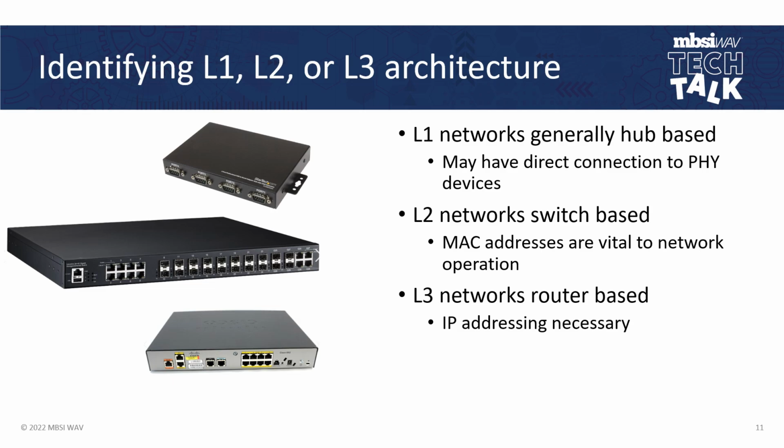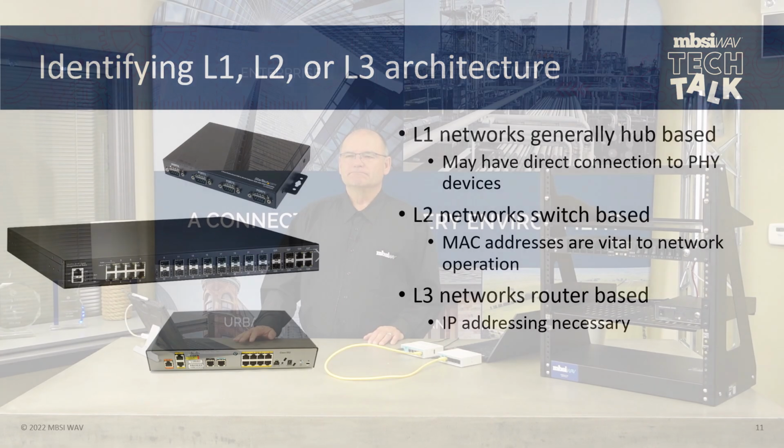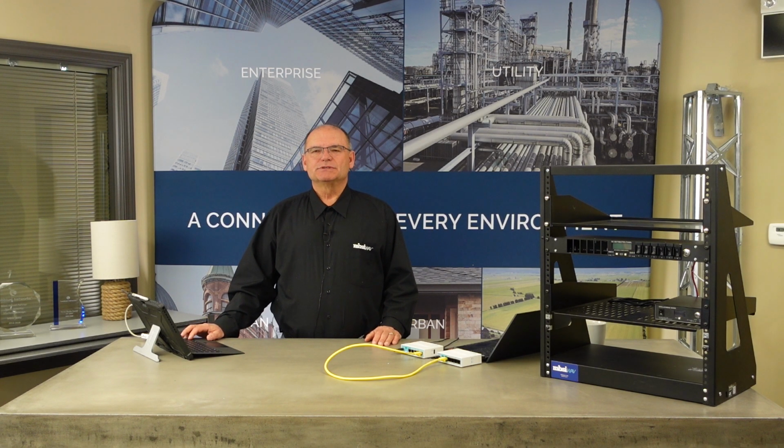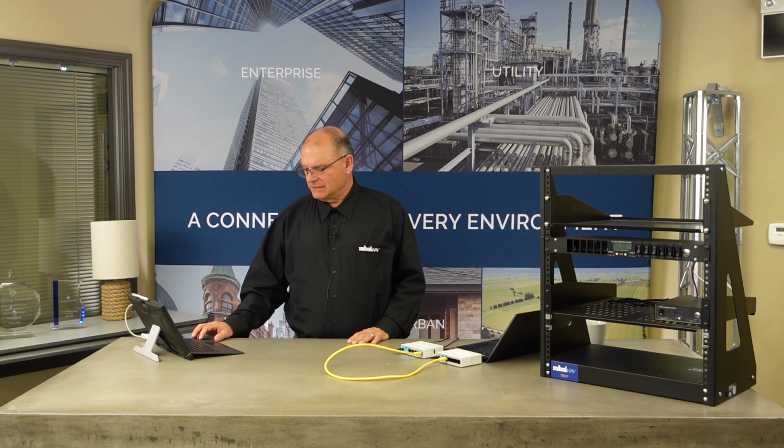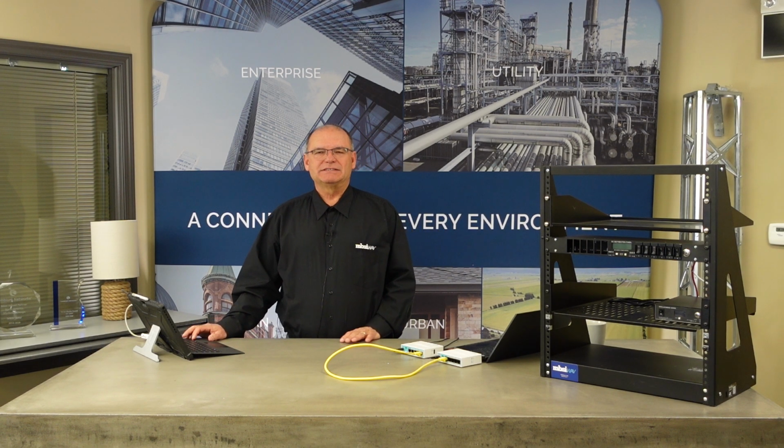Any data that shows up on port 1 is repeated out of ports 2, 3, 4, and so on. Again, typically SCADA systems and IoT systems in our homes may be layer 1 based, and whatever one device says, all the devices connected on that network generally can see that data.